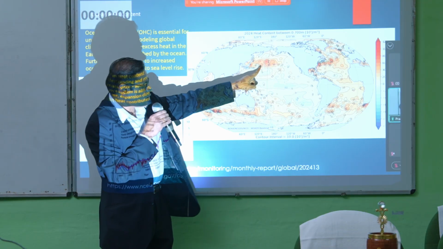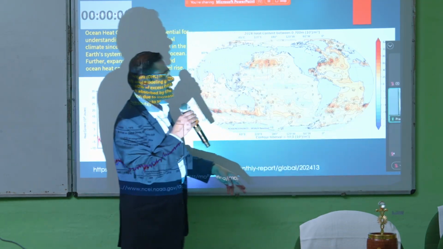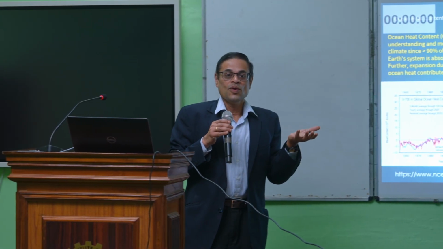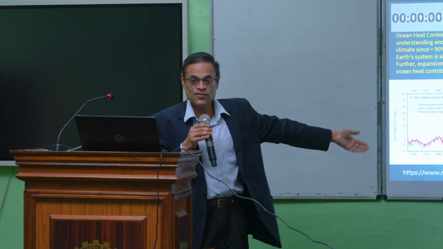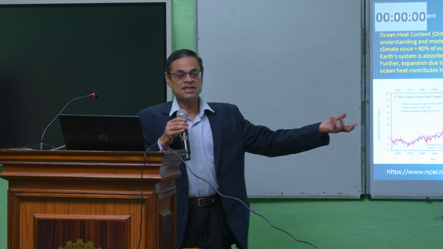So they put the contours, as you can see here, there is a temperature or heat content changing, increasing. Because of that heat content, we are seeing the changes in the typhoons and cyclones and hurricanes that come from the sea.